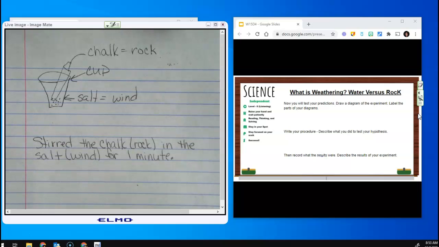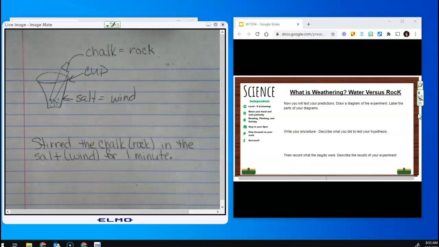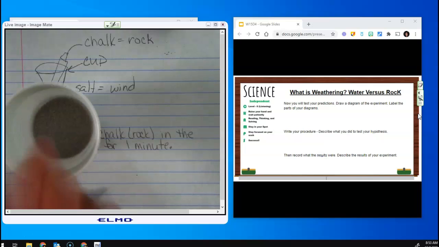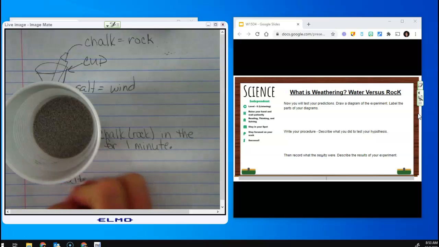All right. The next thing you're going to write is the result. So record what the results are and describe the result of the experiment. So what happened to the wind? What happened to the salt? What did it do? Chloe? It kind of developed in the rock, the chalk.